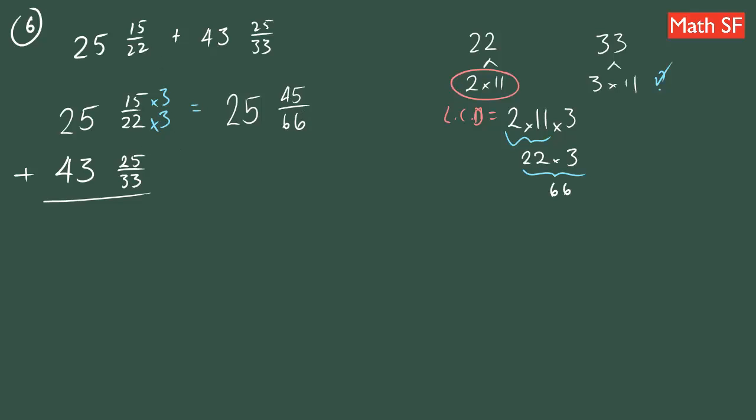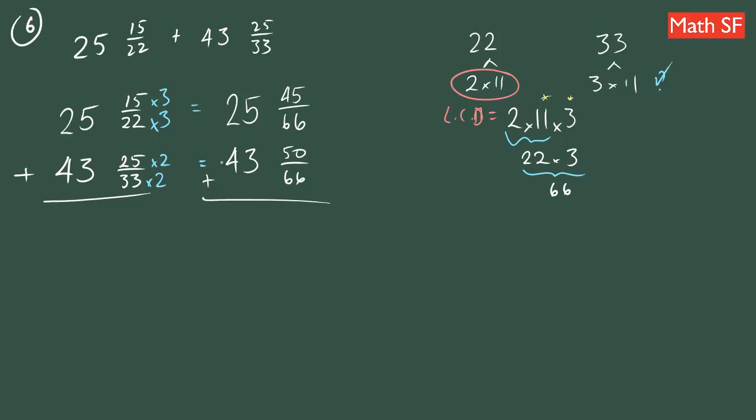Now 33 times what is going to give us 66? Well, the 33 is made out of 11 times 3, and we can clearly see that it's times 2 that will give you the 66. Therefore, it's going to be 33 times 2 top and bottom, and we will obtain 43, and 25 times 2 makes 50. So that should be 50 over 66.